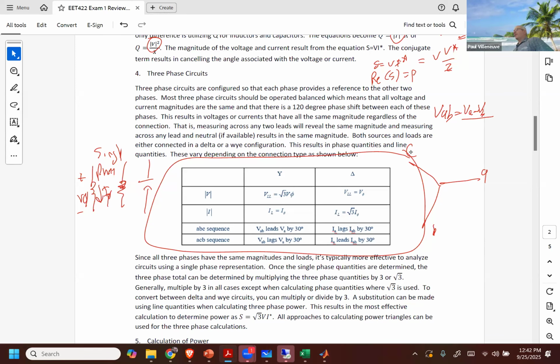Everybody here is pretty good at vector math. So if I want to solve for VA minus VB, I'll just take the negative of VB and add them together, right? And you can see you got a 30 degrees there plus a square root of 3 there, when you do the subtraction, when you're looking at a Y circuit.